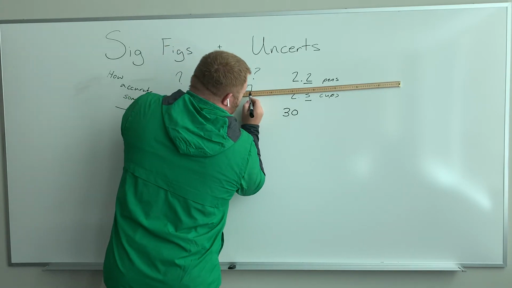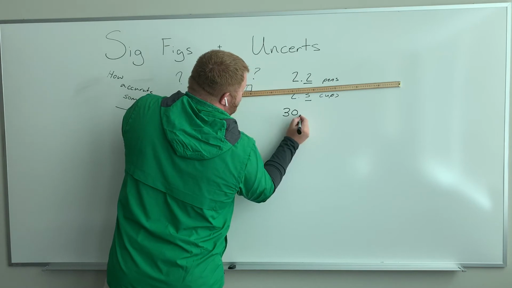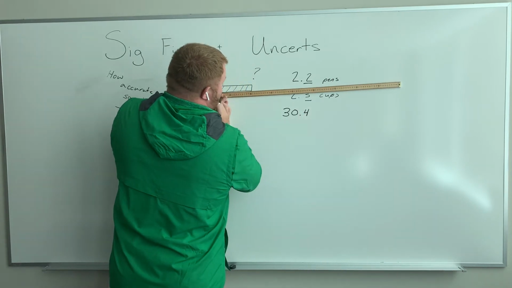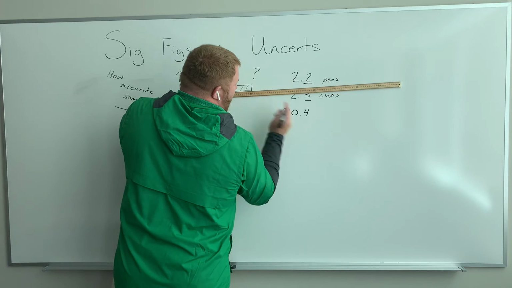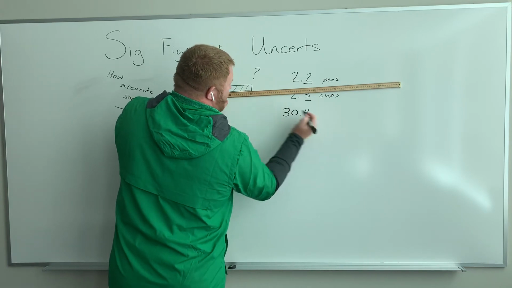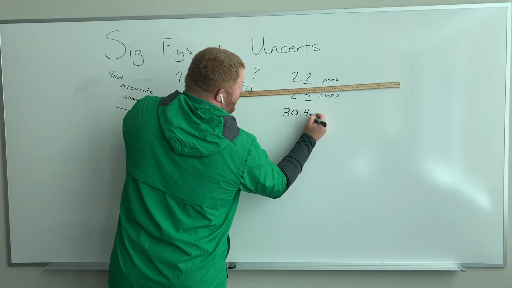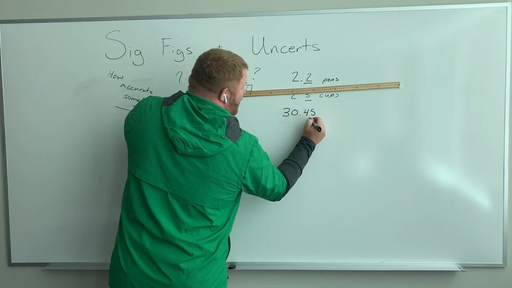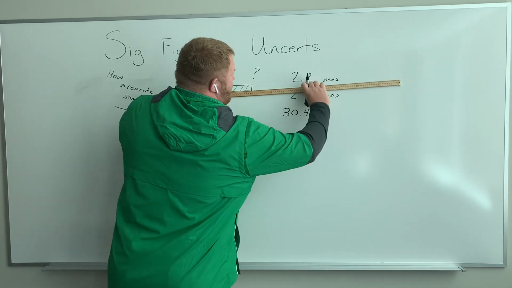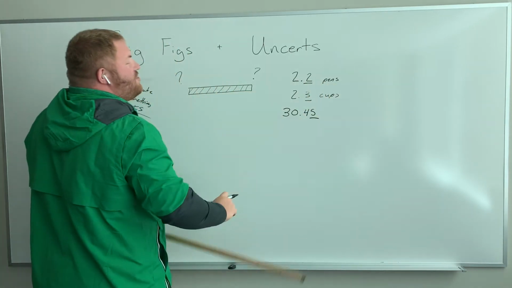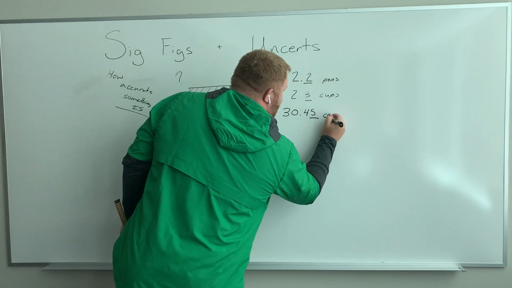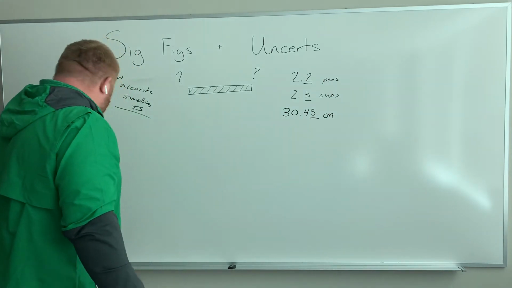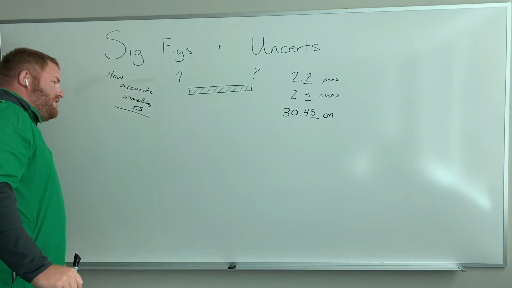So I know it's 31.1234. And now I need to estimate. I'd say it's like halfway between the 4 and the 5. So I'm going to estimate and say it's 30.45. And that last digit is my estimated digit or my uncertain digit. And this is again in centimeters. So that's my estimated or uncertain digit.